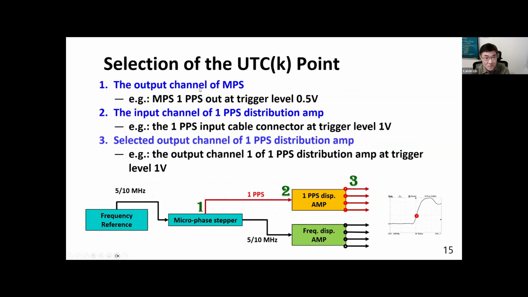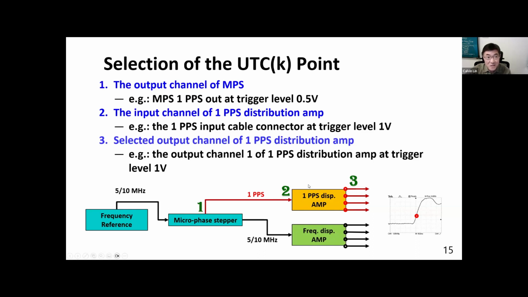So we have several choices. The first, someone will define your reference point to be your microphase stepper, the output of your microphase stepper. And someone defines the reference point to be the 1 PPS input cable connecting to the 1 PPS distribution amplifier.